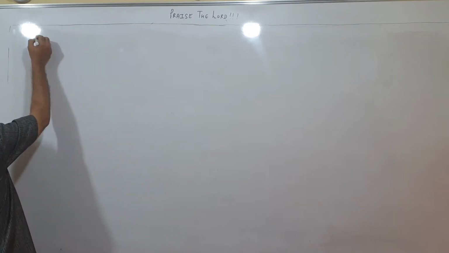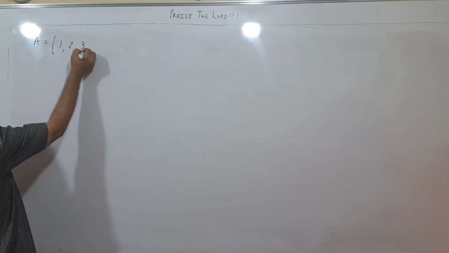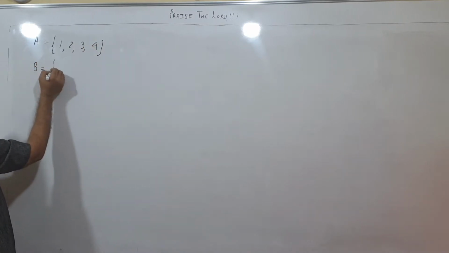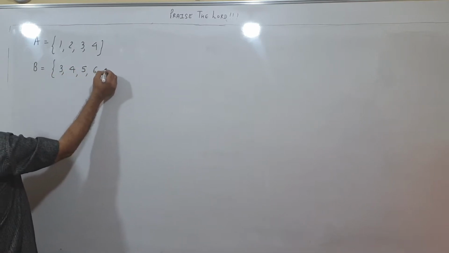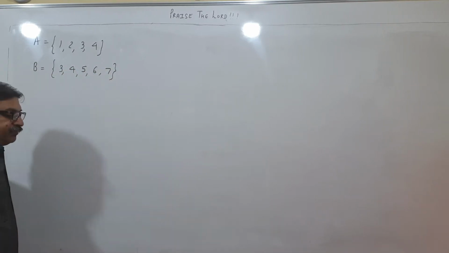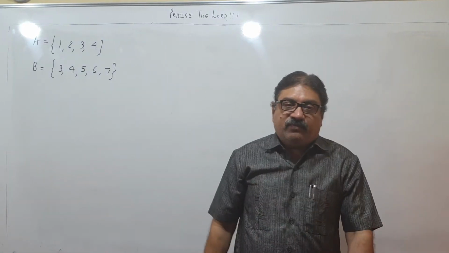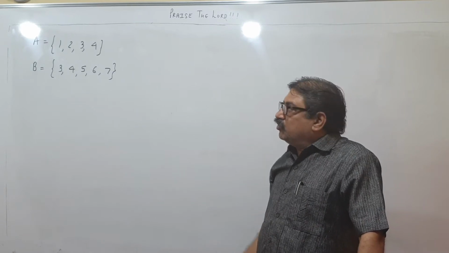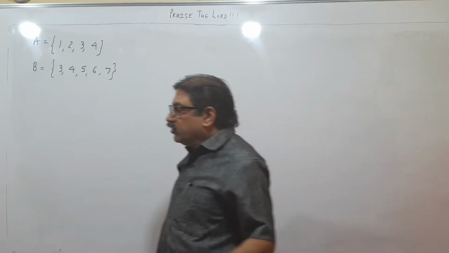If there is a set A having elements 1, 2, 3 and 4 and B is having elements 3, 4, 5, 6, 7, two sets are there. If I want to unite the sets, if I want to take union, what are we going to do?